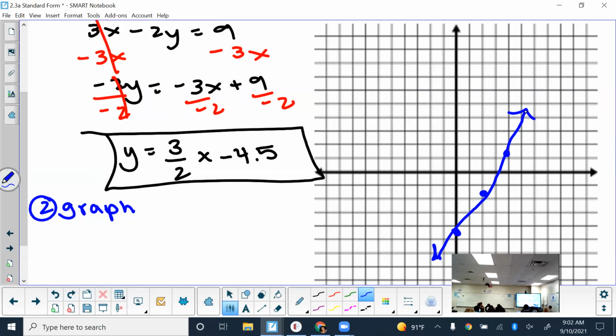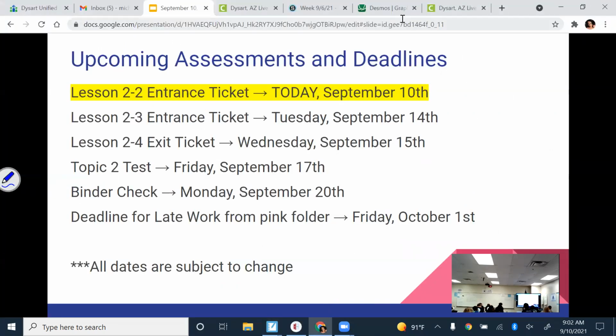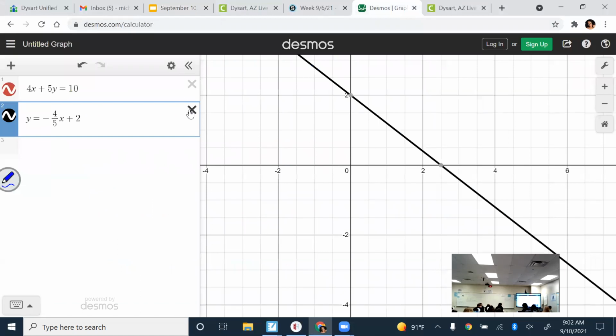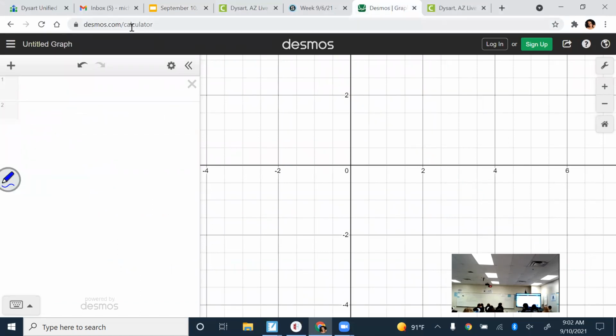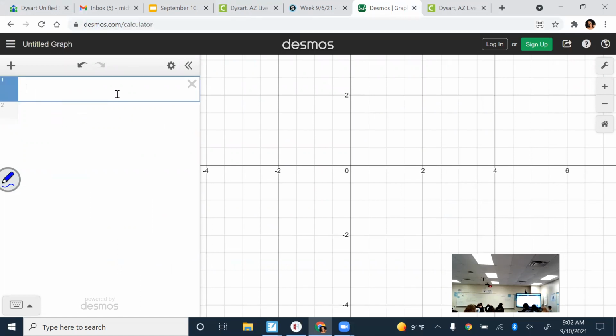The only thing I would suggest with these, here's a cool way to check your answers, is to do so using Desmos. If you don't have your Chromebook out, I suggest timing it out. But if I go on to desmos.com to the graphing calculator, I can type in what my original problem was.